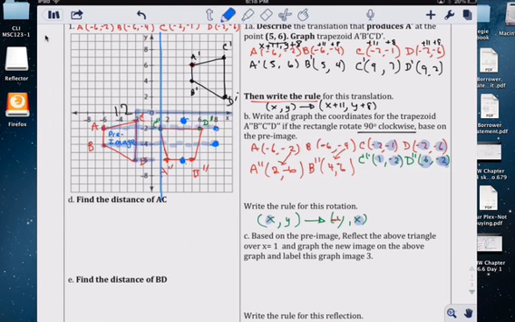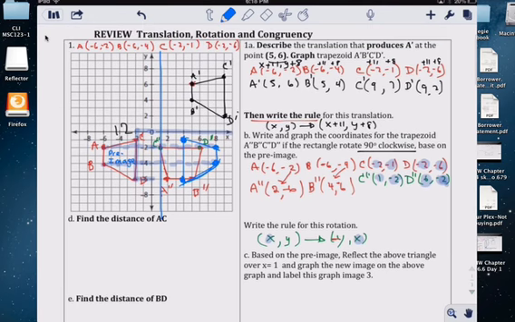Right here. And then we got that shape, exactly like it, but just a reflection of each other. Okay? Then you label it image 3.